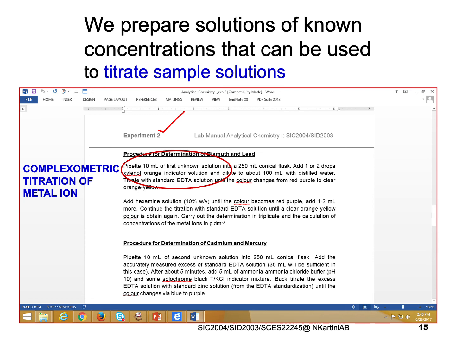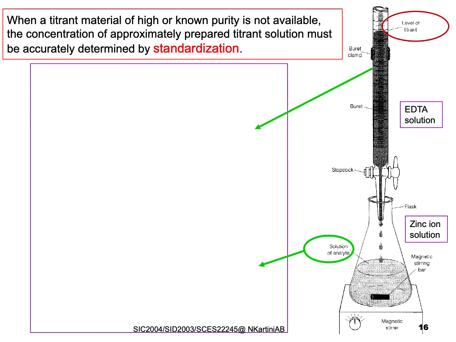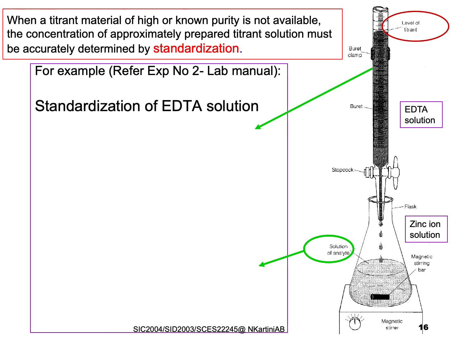So this standard EDTA, before it is introduced to this titration, should be standardized first. In this case, it will be standardized using the zinc sample as the primary standard.